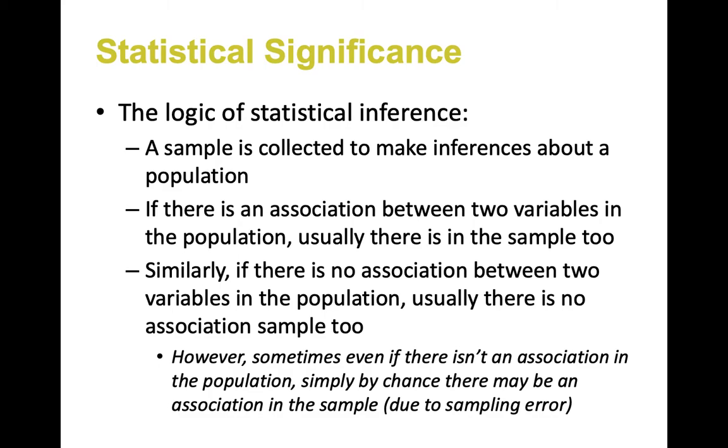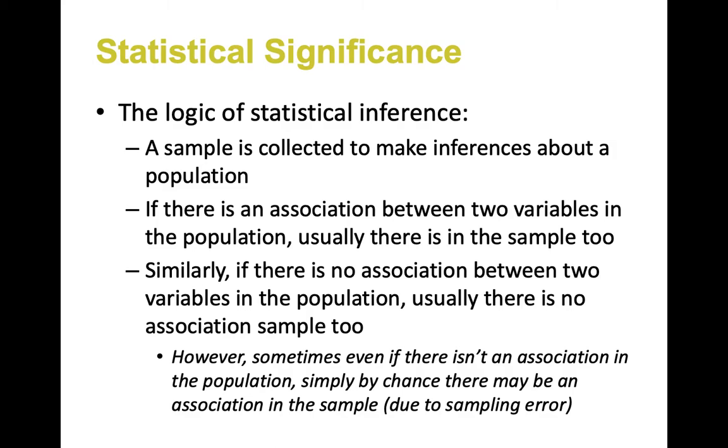Researchers collect data from a sample, and they do so to make an inference about the population. And the idea is that if there's an association between two variables in the population, usually there is in the sample as well.